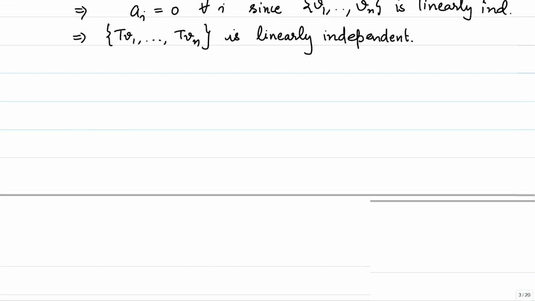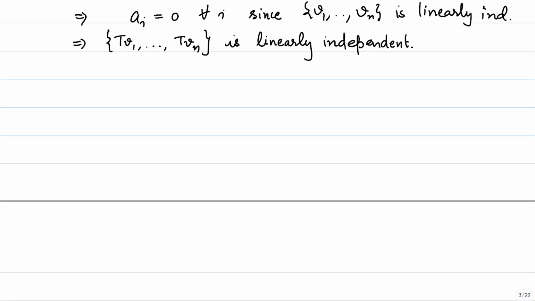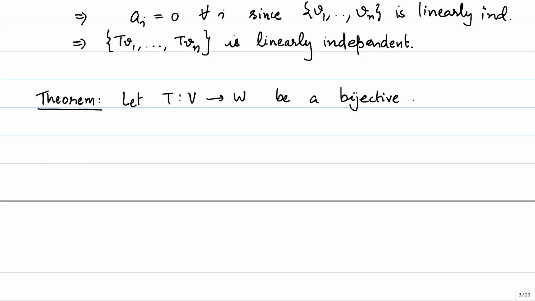All right. A combination of these two propositions gives us something quite nice. So let's prove now one more theorem. Let T from V to W be a bijective linear transformation.